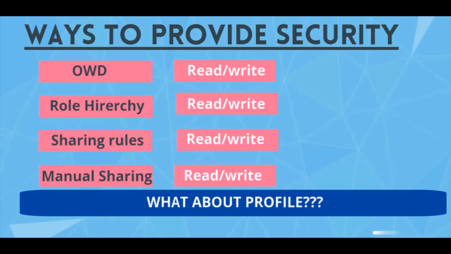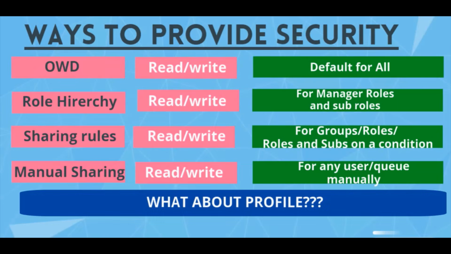Wait, what? All of them are providing the same read-write access. Then what is the difference? Why do we have four here? Okay, the answer is they will provide read-write access to the records to someone. That someone is the difference here. OWD will share records with read-write access to all the people by default.